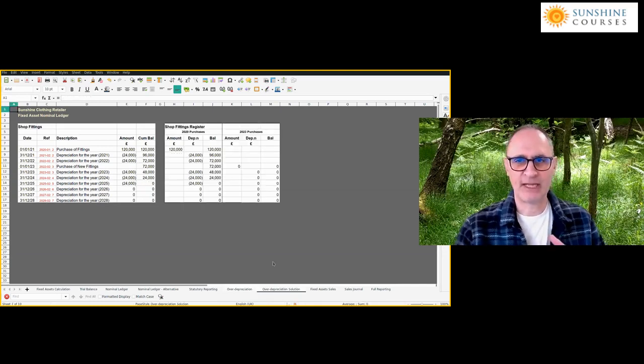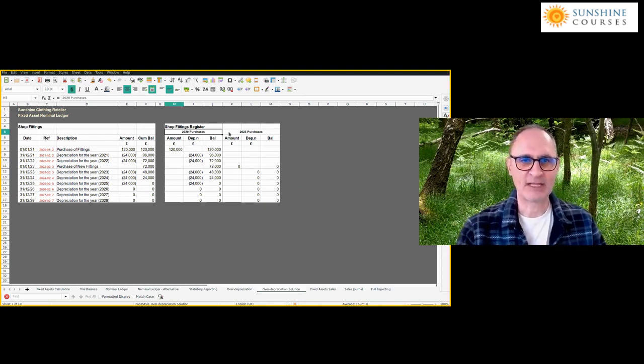The solution is to use something called a fixed assets register. A fixed asset register distinguishes each asset that you've got. So if you've got a car, you distinguish that from fittings, but if you buy two different types of fittings, you would distinguish one from the other. So in this case, we bought some fittings in 2020.